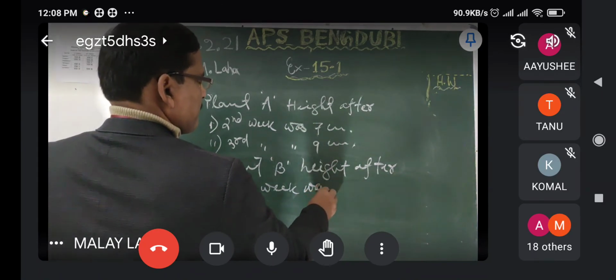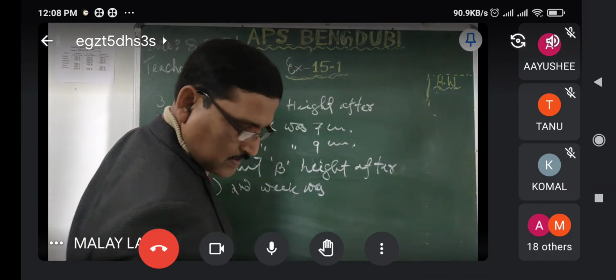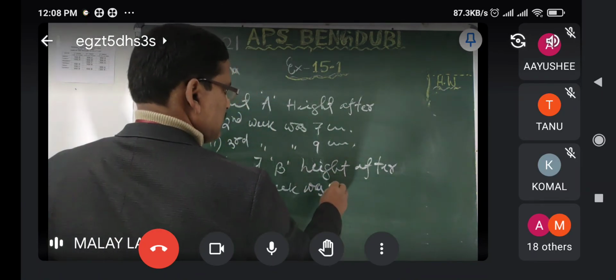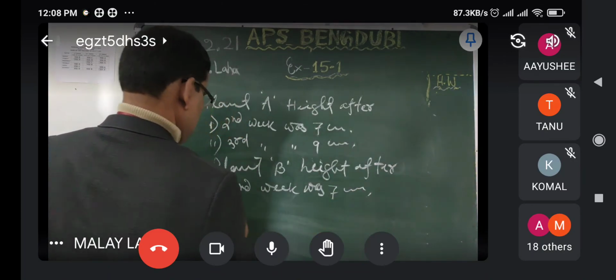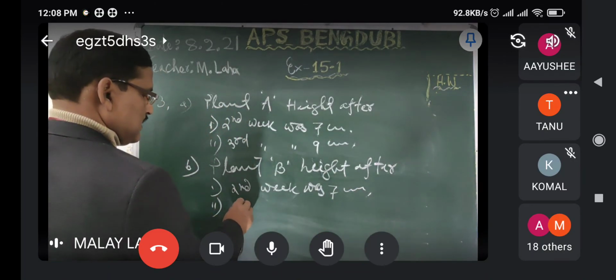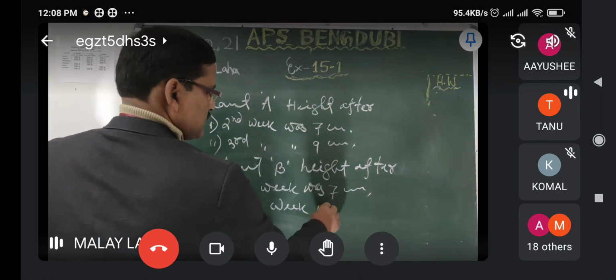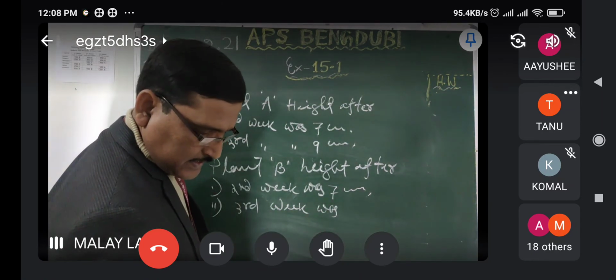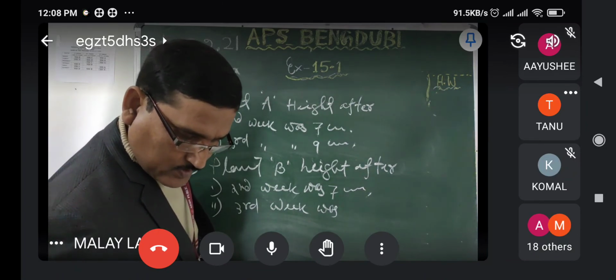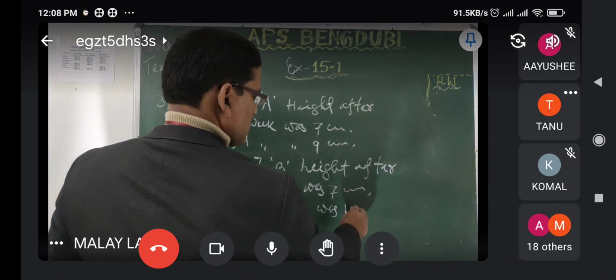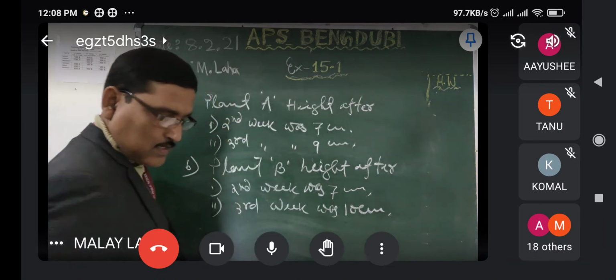Second week दोनों सेम था, 7 centimeter. Number 2, third week, sir, was 10 centimeters. इस बार थोड़ा ज़्यादा है. It is 10 centimeter. Got it?